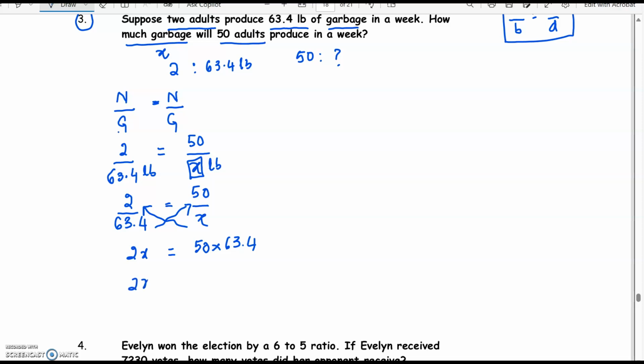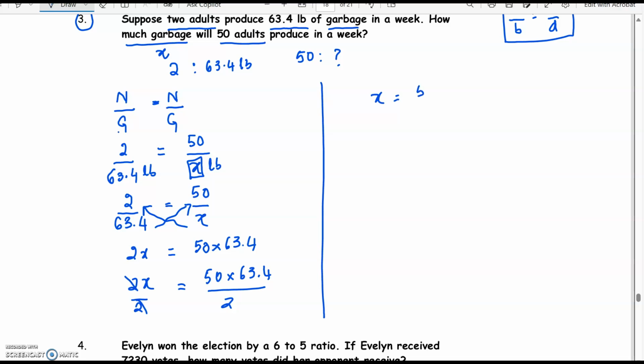So we're going to divide both sides by 2. And that's equal to 50 times 63.4 divided by 2. So we cancel common factors and we get x equals 50 times 63.4 divided by 2.